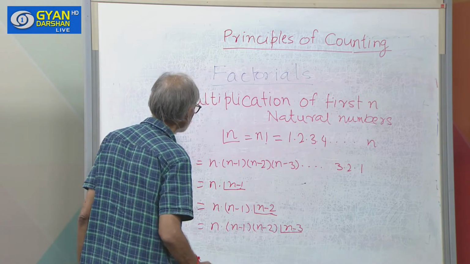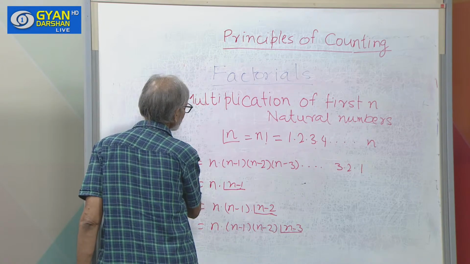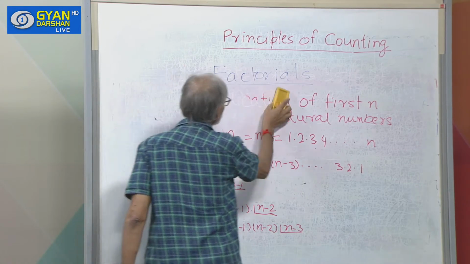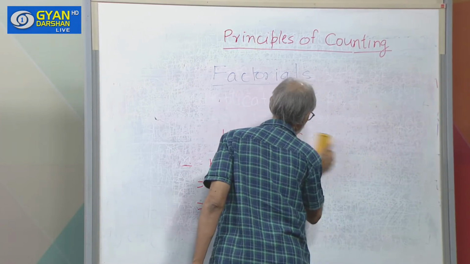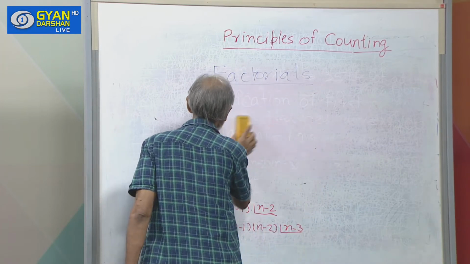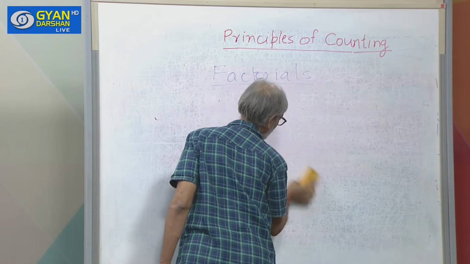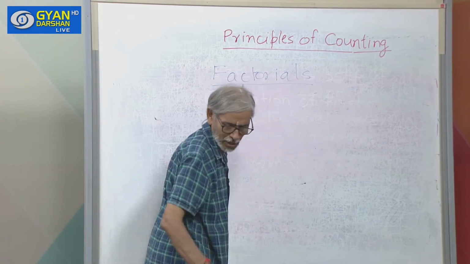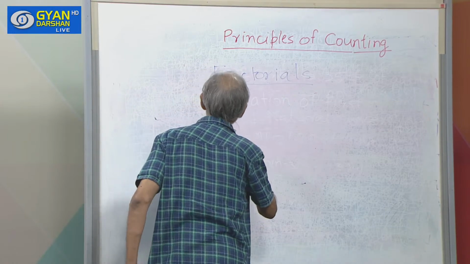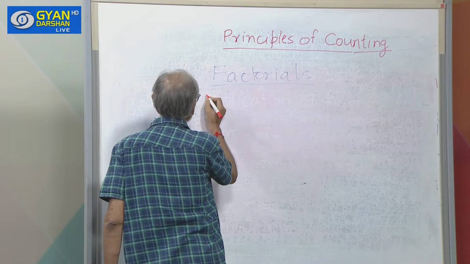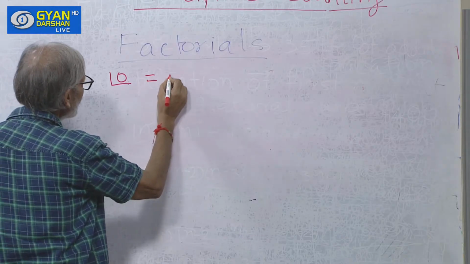Let us take some examples of factorial. According to the definition, factorial 0 we define as equal to 1.